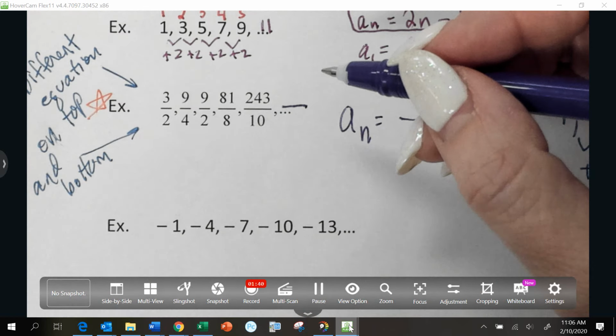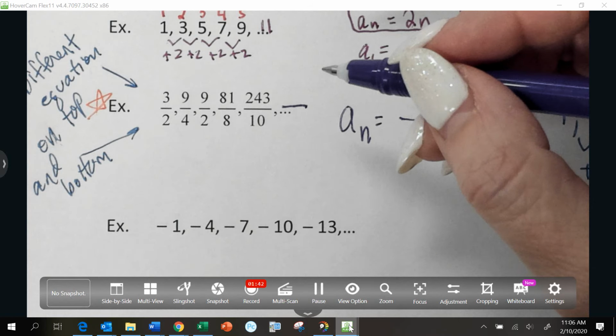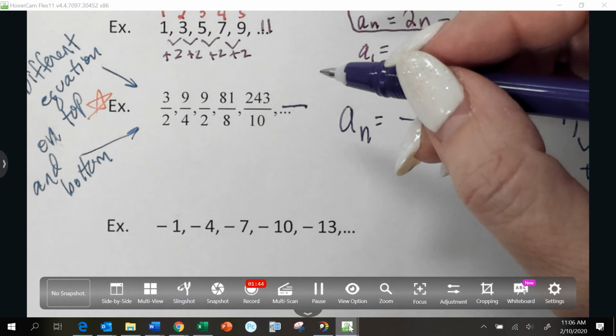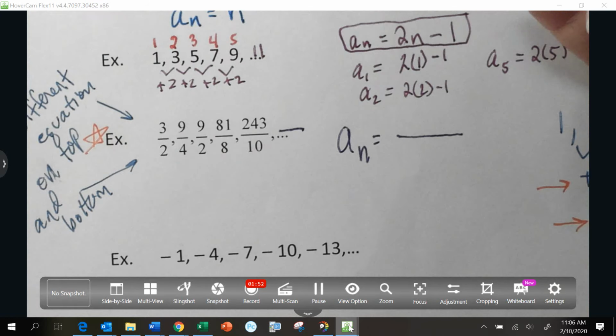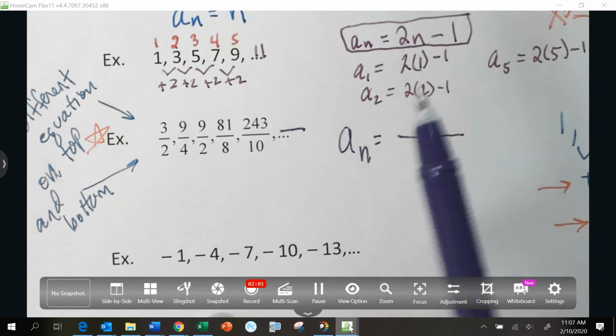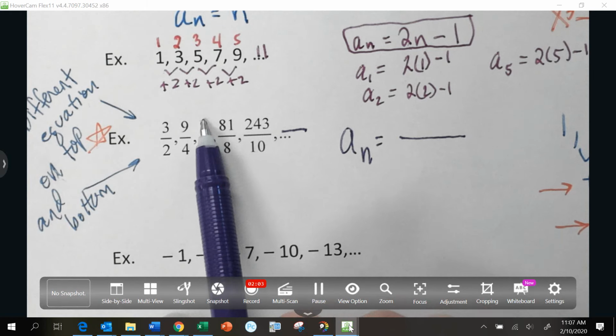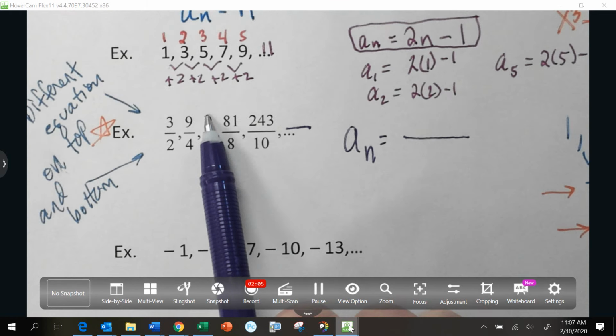What's making you guys quiet? Nobody knows the answer, or you don't want to say? Don't know the answer? Okay. What up there is throwing you off? The 9, 9, right? Well, that's messing me up too, so let's not even look at it. Ignore that one. 3, 9, something, 81, 243.